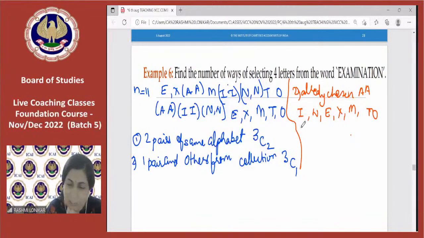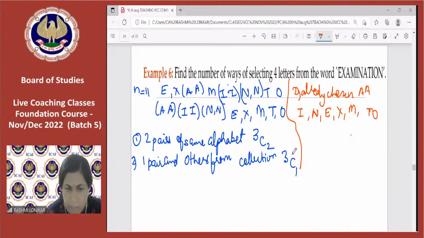So I have taken one of I, second of N, then E, X, M, T and O. 1, 2, 3, 4, 5, 6, 7. So it is 7C, how many will I need? Yes, 7C3.